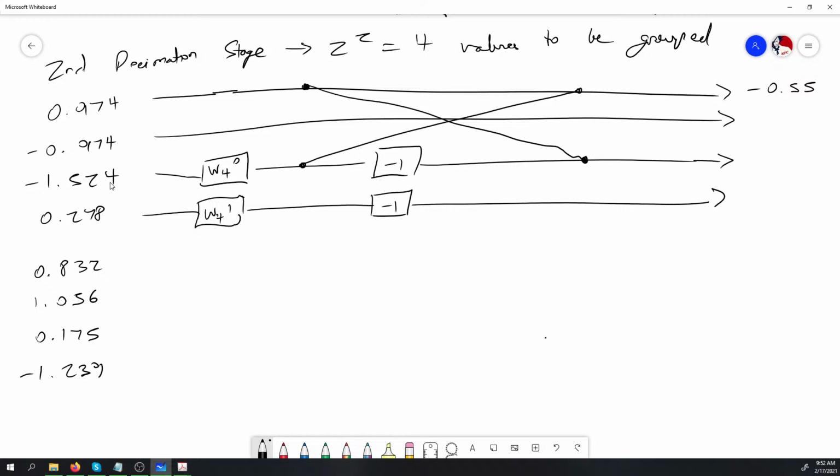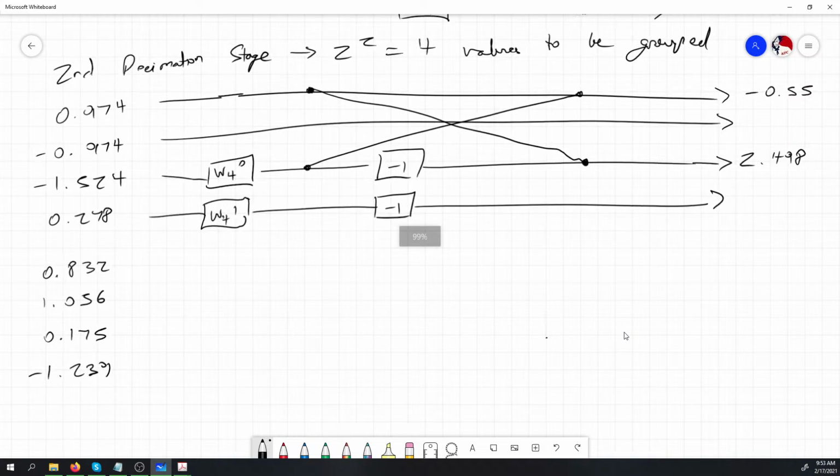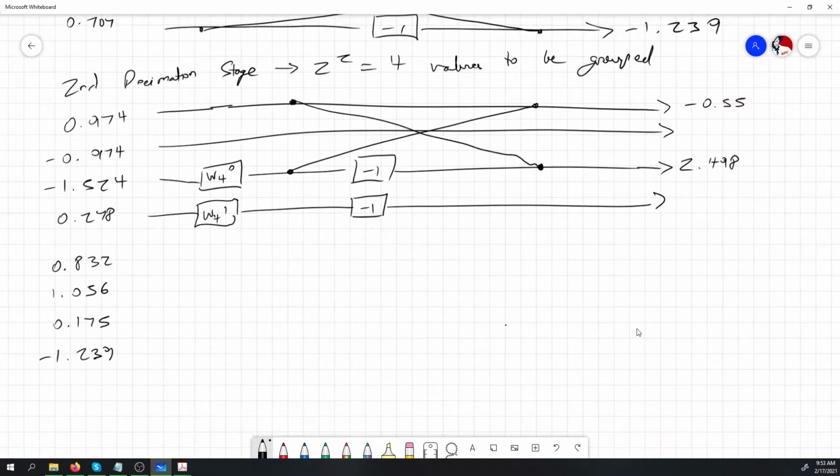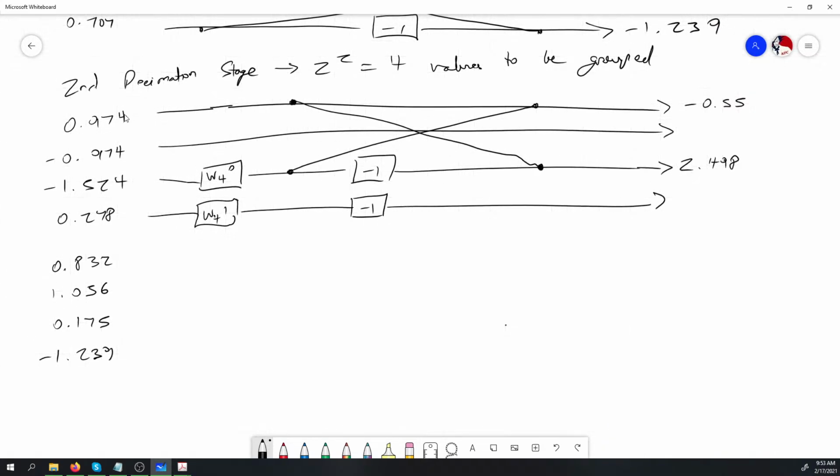So our result here is going to be 2.498. So this would be the first butterfly associated with these 4 values that were grouped.